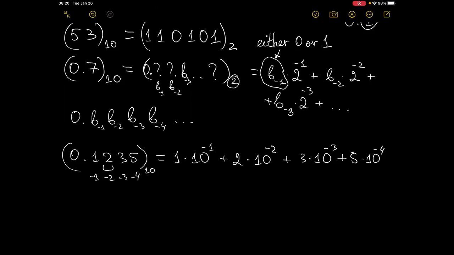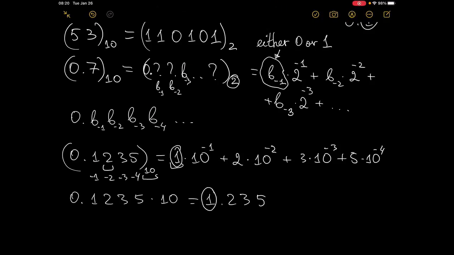So how to get these, for example? If I multiply the whole number by 10, for the base 10 number, 0.1235 multiplied by 10 will give me 1.235, right? So I can get this digit as the integer part of the result.